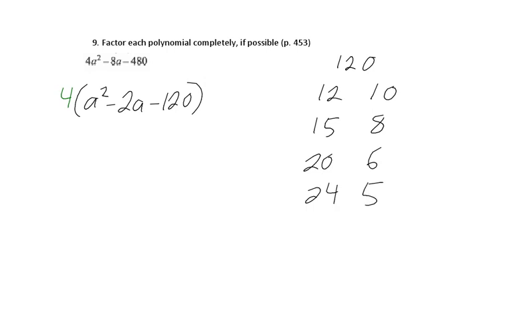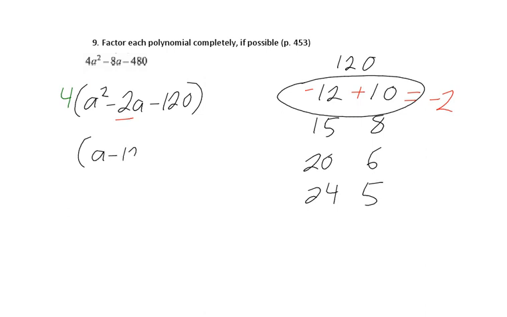I like 12 and 10. I like it because negative 12 plus 10 equals negative 2, which is what's in the middle. So this is going to become a minus 12 and a plus 10. And the 4 stays in front.